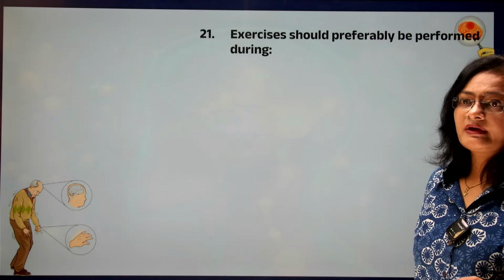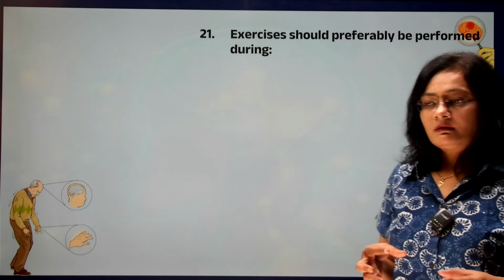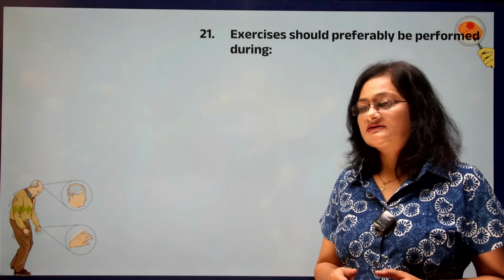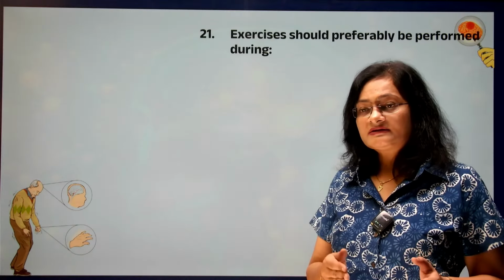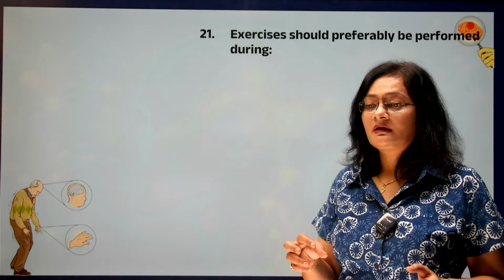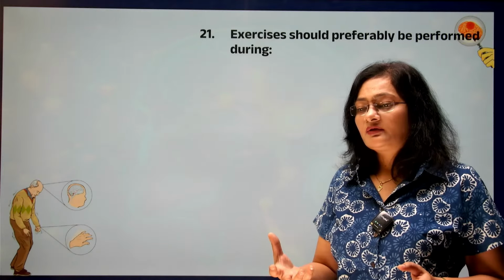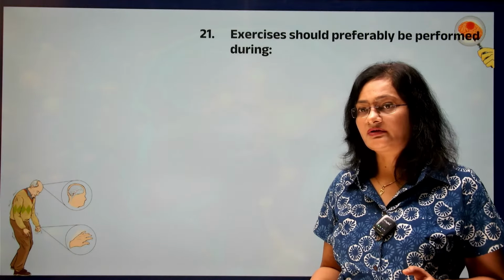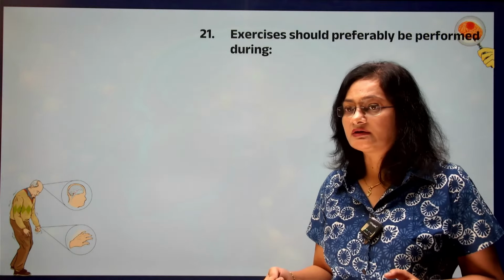Exercise should preferably be performed during which phase? One of the very important terms for the Parkinson's patient is the on-off phenomenon. What is this on-off phenomenon? During certain periods, the patient will have more effect of the medicine, or the patient will be more responsive to the drug, and during some time the response to the medicine will reduce.